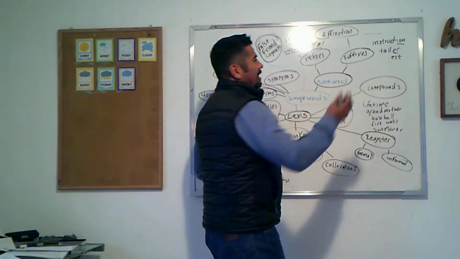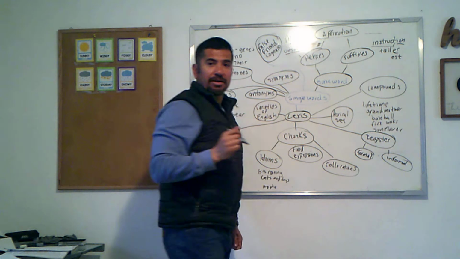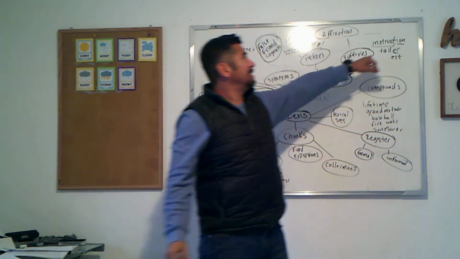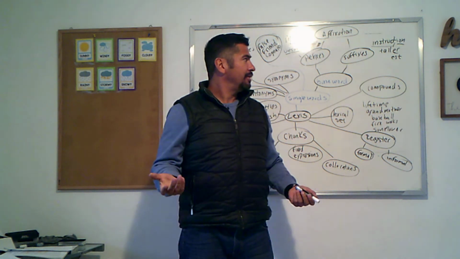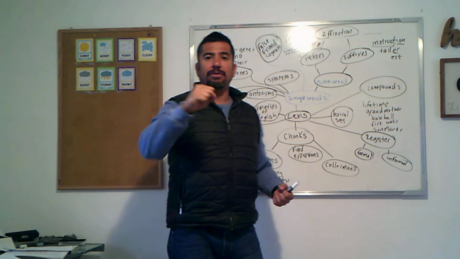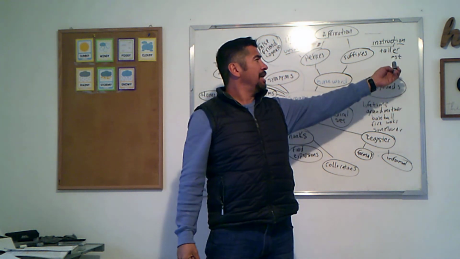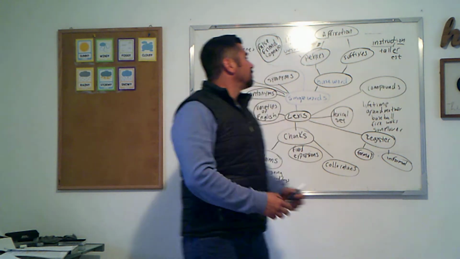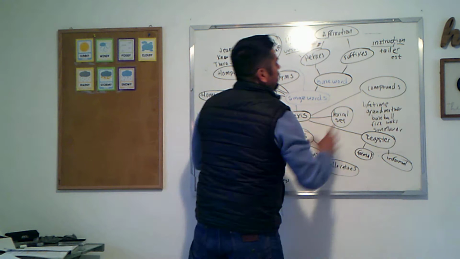In this example, we have instruct, which is a verb, and by adding the suffix ion, we transform it to a noun. We also have the comparatives and the superlatives. It changes the meaning when we add er or when we add est. Okay? Now, let's go down here.